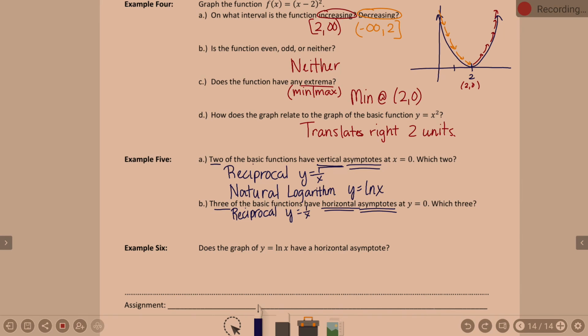Reciprocal is y equals 1 over x. Then logistic, the one we just graphed today. That has a horizontal asymptote underneath, doesn't it? Yep. And that is y equals 1 over 1 plus e to the negative x. And someone said the other one, exponential.